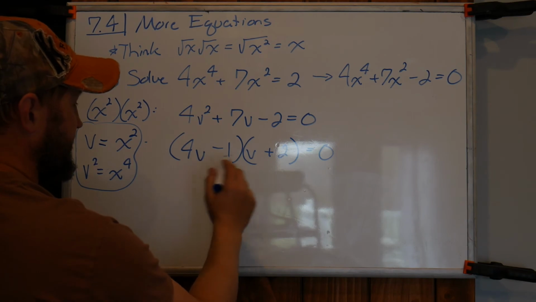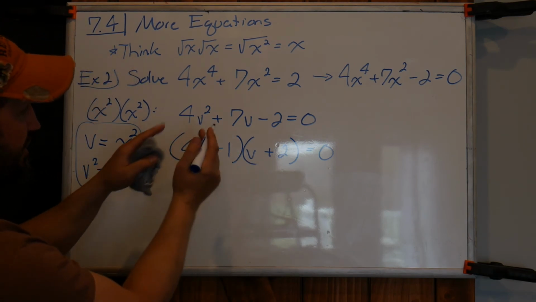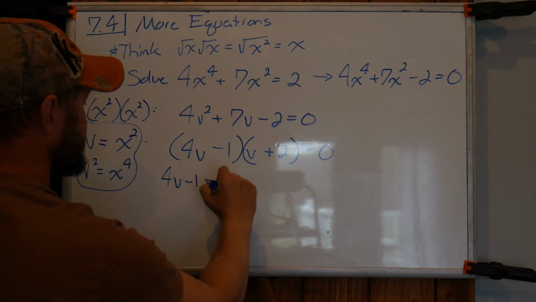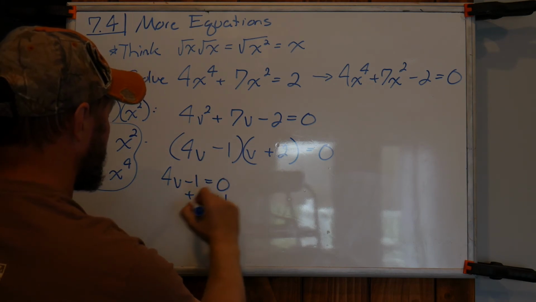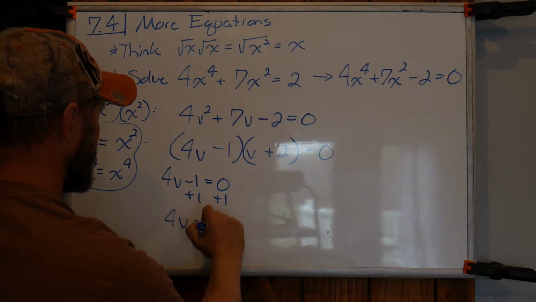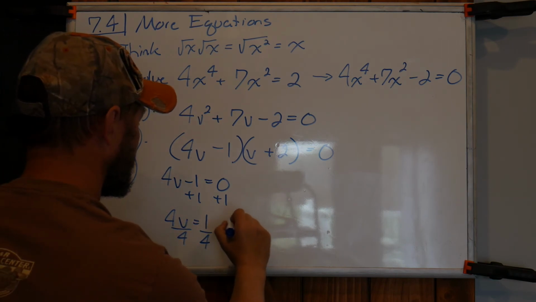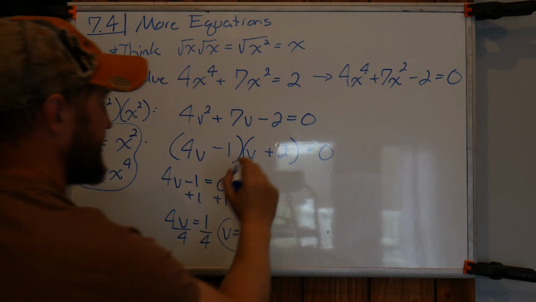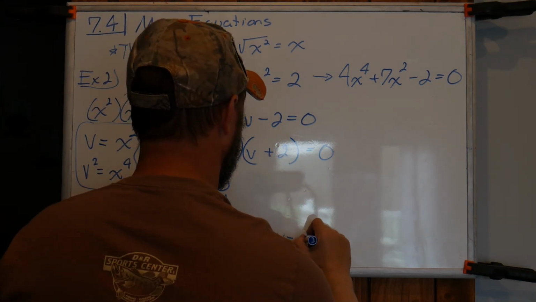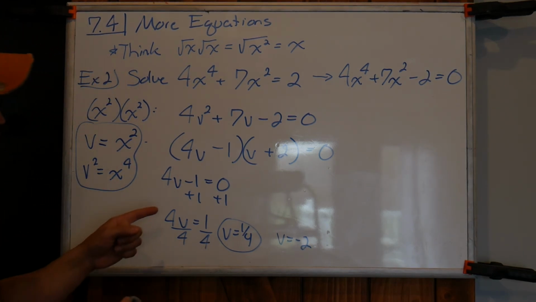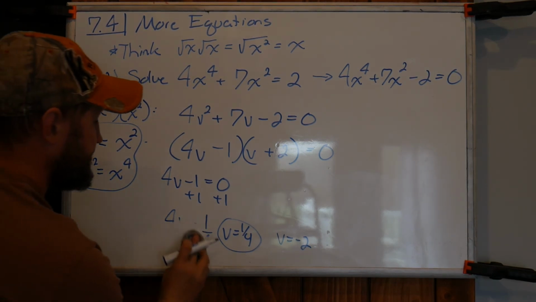So I solve these, and you might know you just move this over and change it, but I'll do it the long way real quick. We add our 1, 4v equals 1, divide v equals 1/4. And then here, v equals negative 2. There's my two possible v values. V equals 1/4, v equals negative 2.